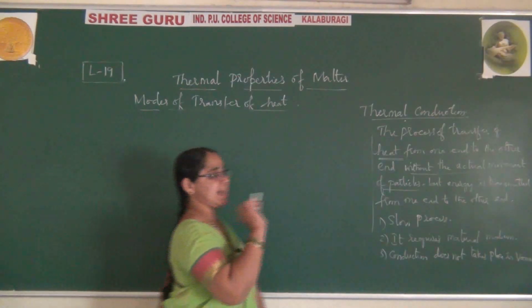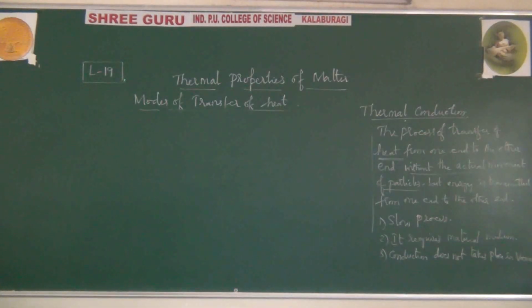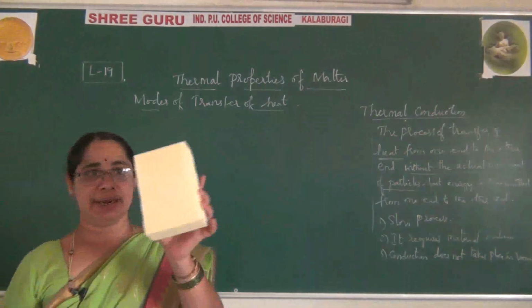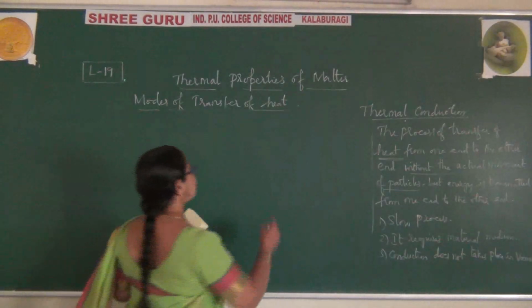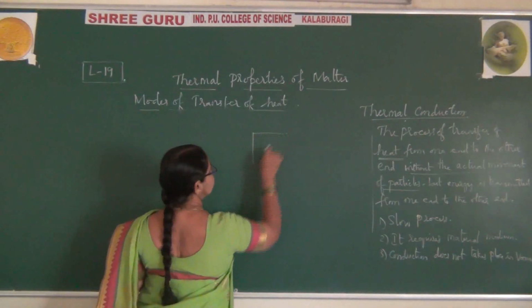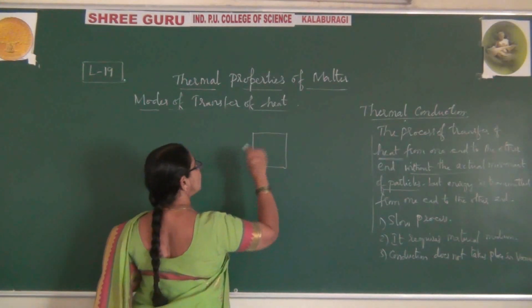Let me take one example here. I take one conductor, a rectangular slab. Consider a rectangular block.